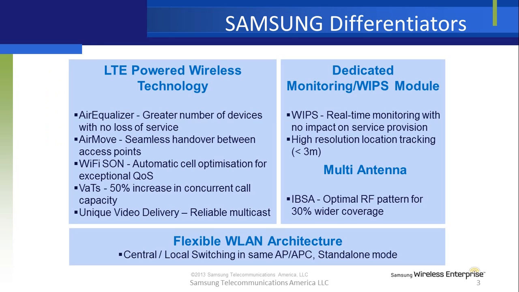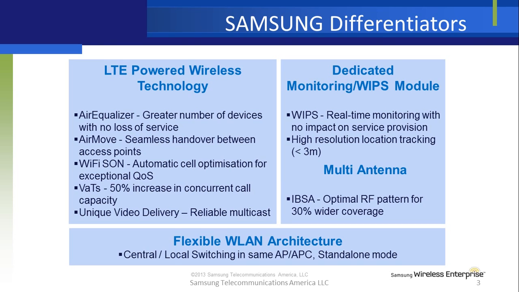All right, Samsung differentiator. So just to give you a little bit of history here, many of you might not know this, but Samsung is a very big name on the LTE side. And when I talk about LTE, I'm talking about the back-end core network. Samsung does the core networks for some of the most prominent carriers all across Asia and Europe, and in the US. So to name a few, Sprint is one of Samsung's very big customers, and so is Verizon.